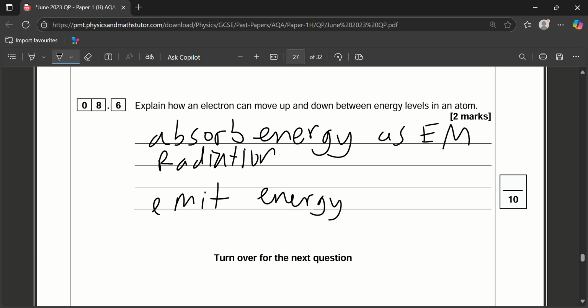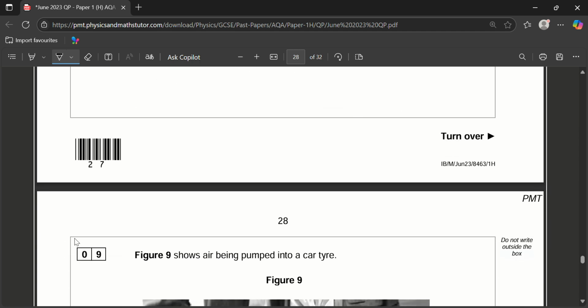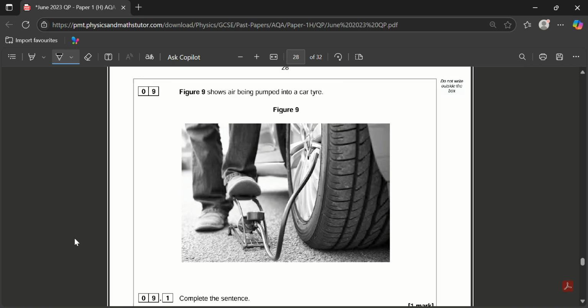And they also emit energy as EM radiation when they move down energy levels. So this is to move up between energy levels. This is to move down between energy levels. And there's your 2 marks.